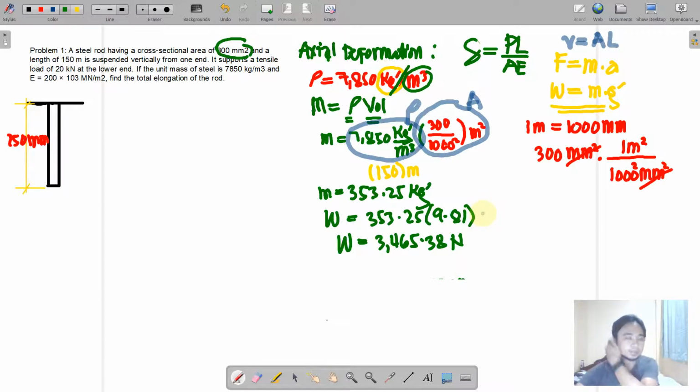So next, we have now obtained the weight. Of course, since this is hanging, let me have an illustration for its FBD considering the weight.